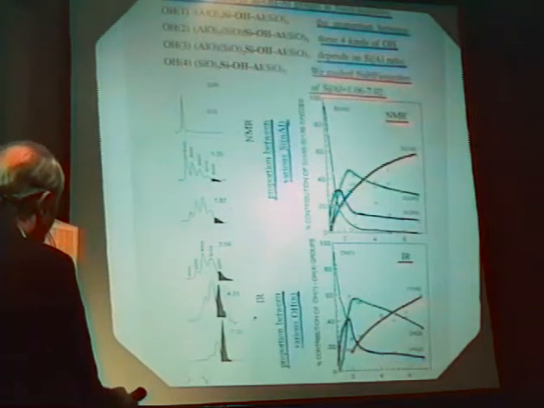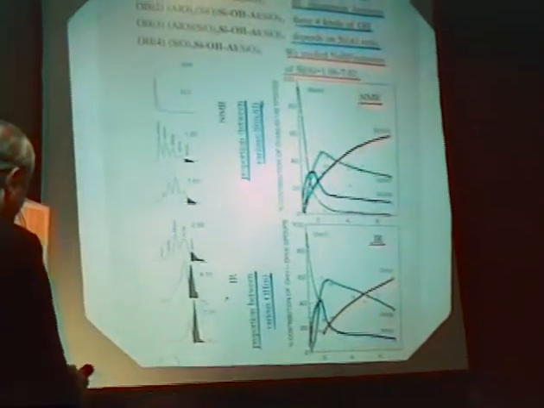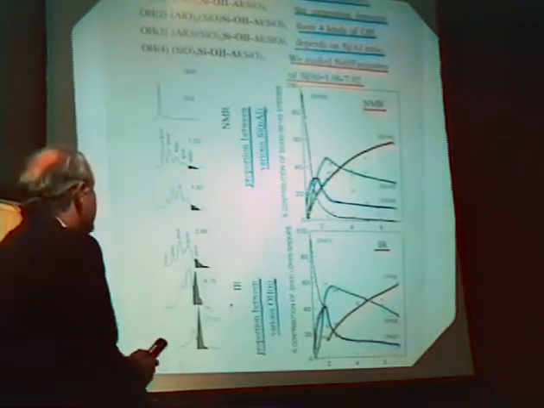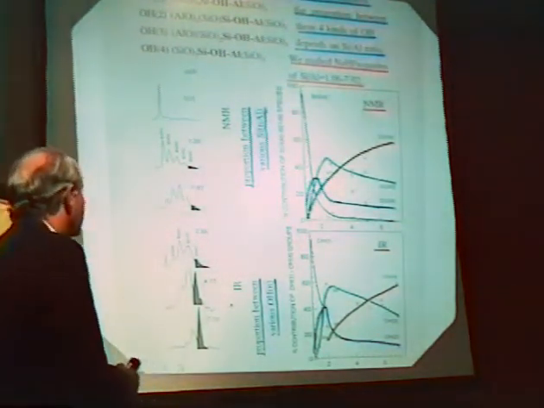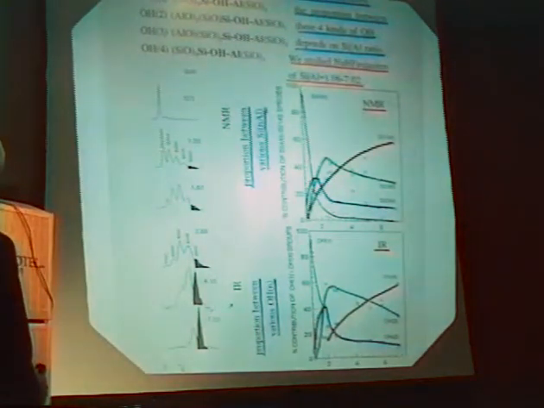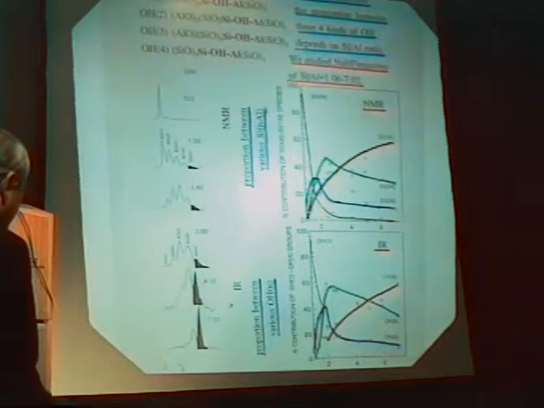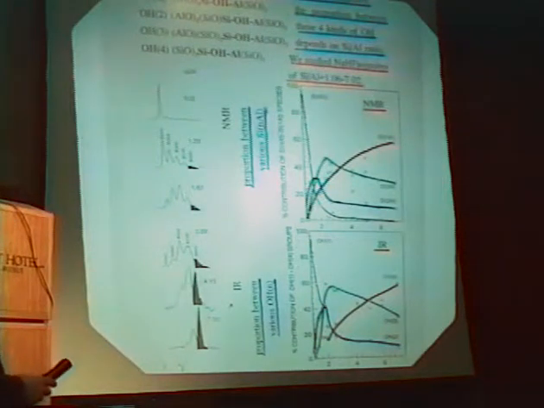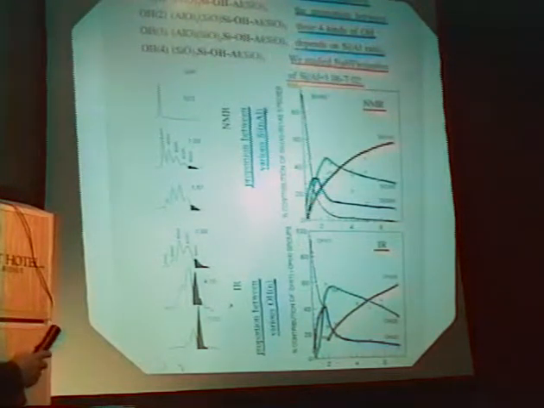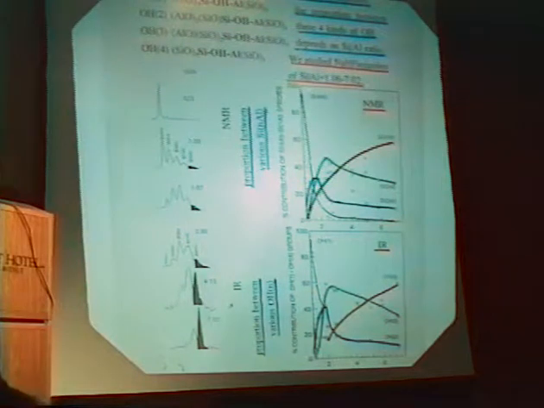This diagram represents the percentage contribution of each of these 4 kinds of Si species taken from NMR. And the lower diagram represents the percentage contribution of 4 kinds of bridging hydroxyls corresponding to those 4 kinds of Si species.